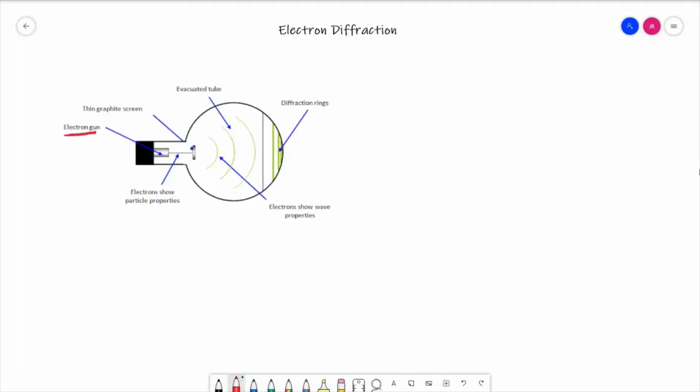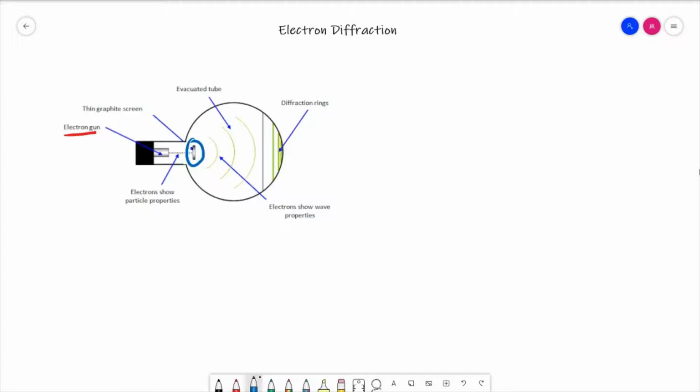Firstly, we have an electron gun. The electron gun will emit electrons. They will normally then be accelerated through a potential difference in order to allow them to gain energy. That will then be directed at a graphite screen. Obviously, the graphite screen then acts as a diffraction grating. So again, I'd expect you to be going back into the year 1 topics and to have a look at how diffraction gratings work.